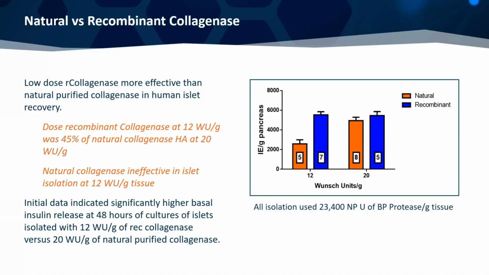And in fact, when you went down to 12 Wundt units for the natural purified, you lost about half your islet yields.